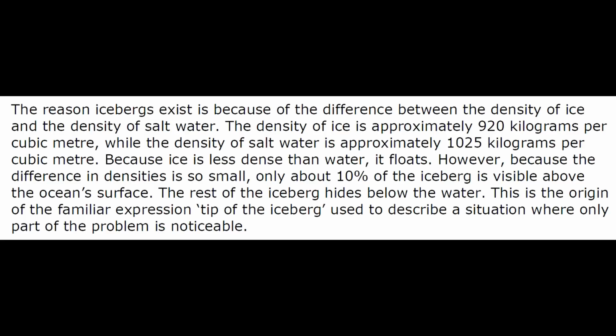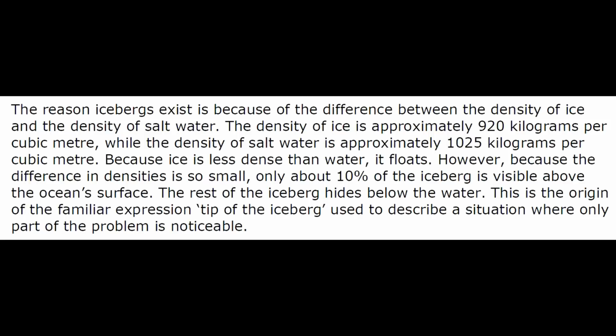First, let's read. The reason icebergs exist is because of the difference between the density of ice and the density of salt water. The density of ice is approximately 920 kilograms per cubic meter, while the density of salt water is approximately 1025 kilograms per cubic meter. Because ice is less dense than water, it floats.